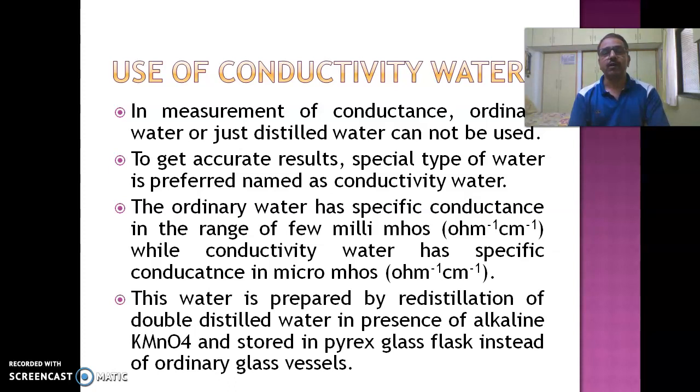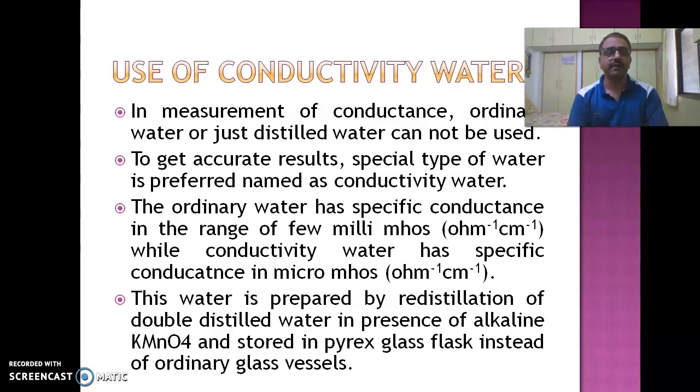This type of water is prepared by redistillation of double distilled water in the presence of alkaline potassium permanganate, and once you prepare this water, you have to store it in a special Pyrex type glass flask instead of ordinary glass vessels. Why can you not use ordinary glass vessels to store this conductivity water?